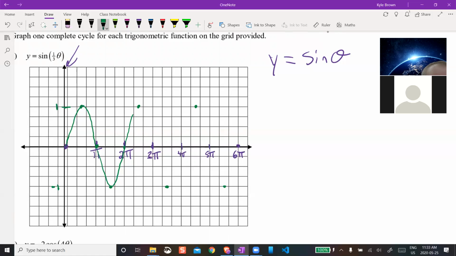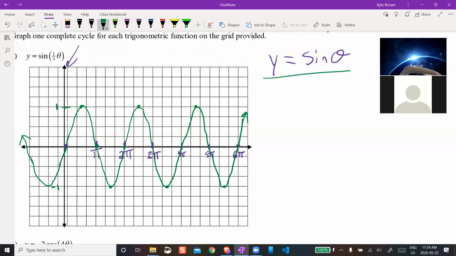So it goes up and then down. That's just the base sine function, and it would be the same coming along the back side of this too. So that's just y is equal to sine theta.